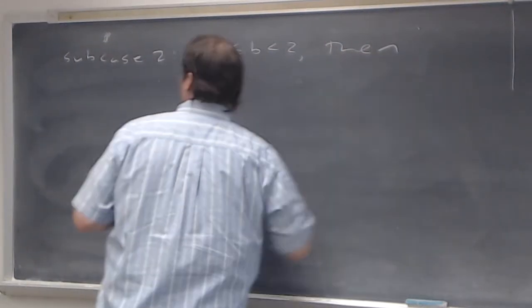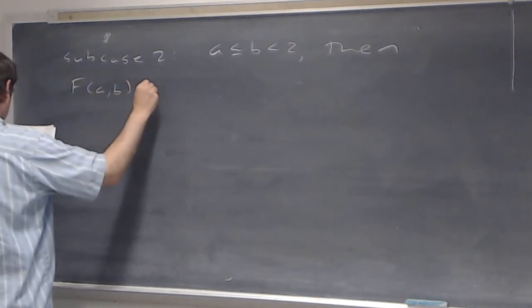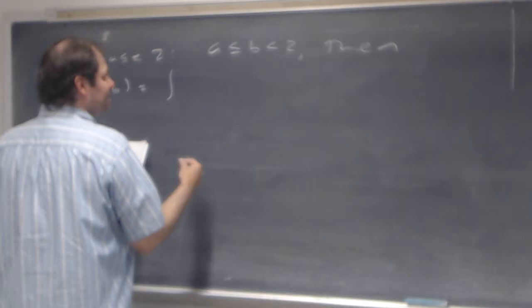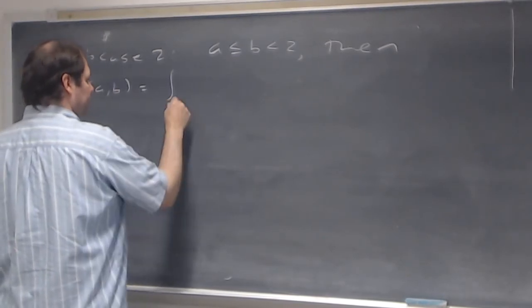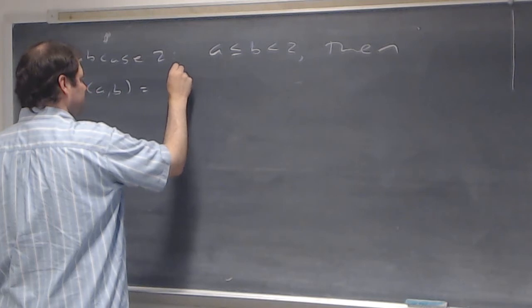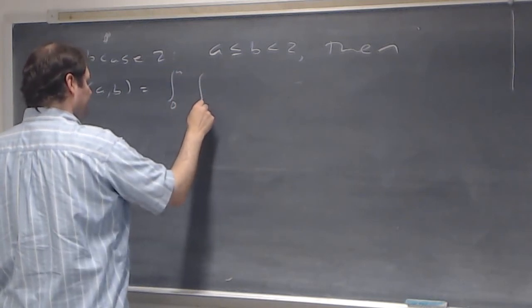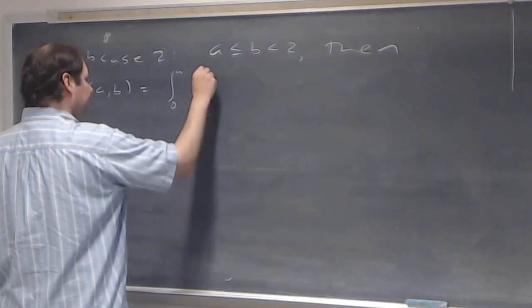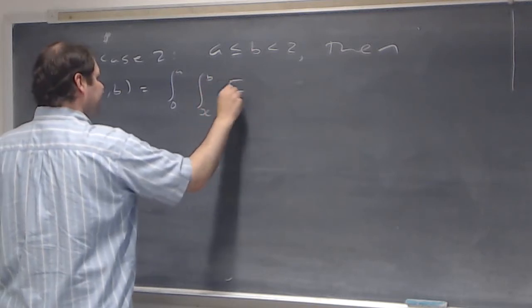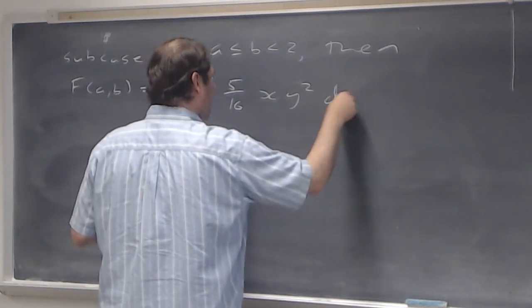Then here's what we have. The joint CDF is going to be equal to, and I'm going to change the order of integration, the integral from 0 to a, then from x to b, of 5/16 xy squared dy dx.